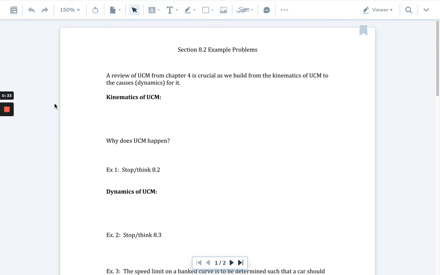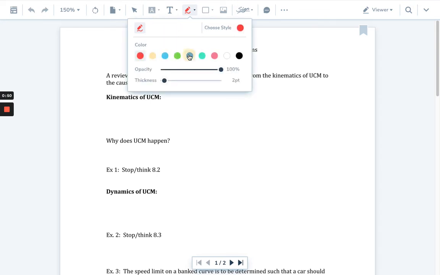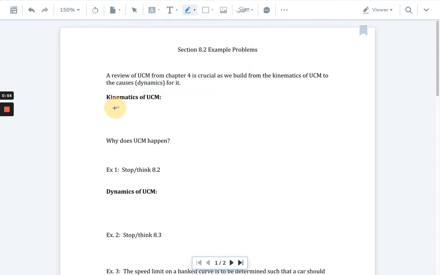So the kinematics of uniform circular motion, if you remember from back in chapter 4, the unit that you so fondly remember, a centripetal or a radial acceleration in that context was really kinematics back there, and so it was just describing the motion instead of the reasons for it.